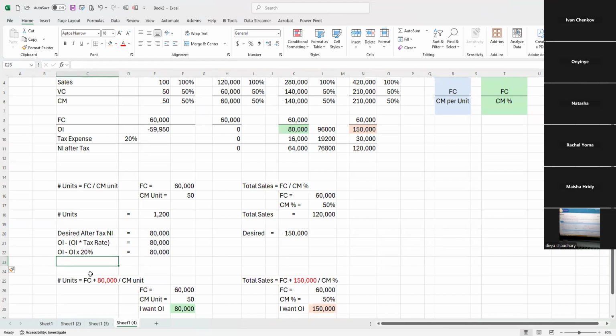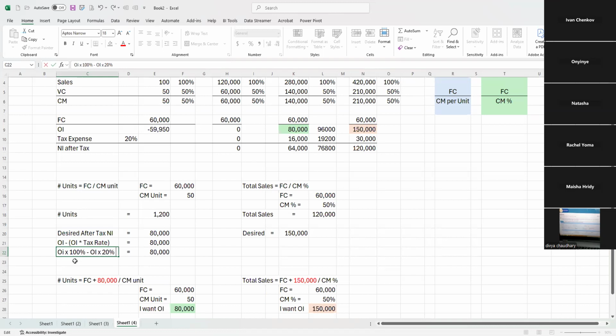So it basically means operating income minus operating income times 20%. Operating income here is 1, so that means operating income times 100% minus operating income times 20% should be equal to 80,000.